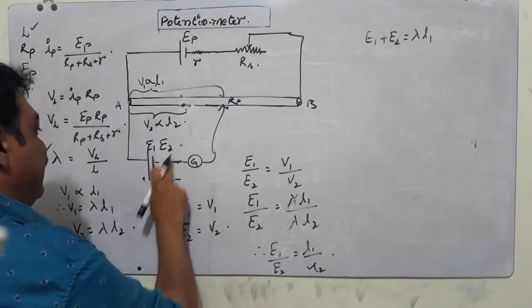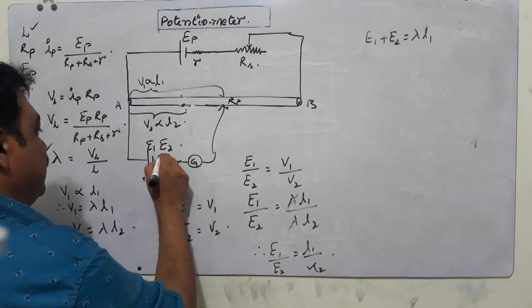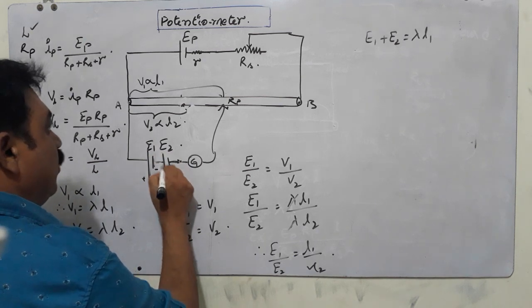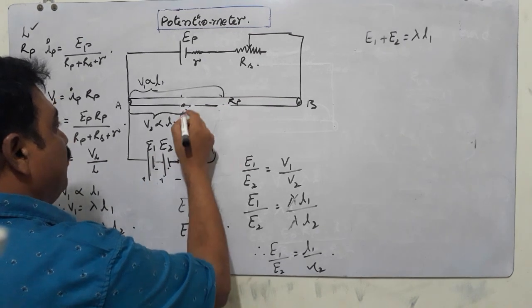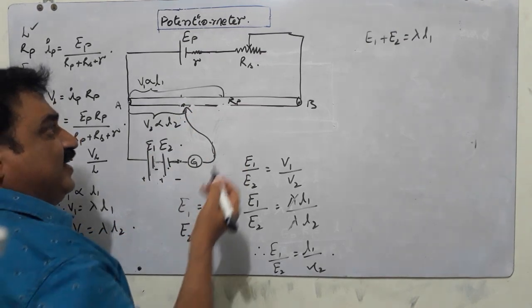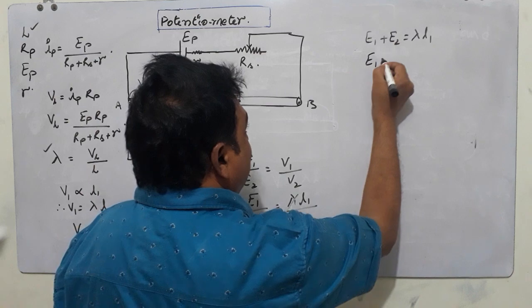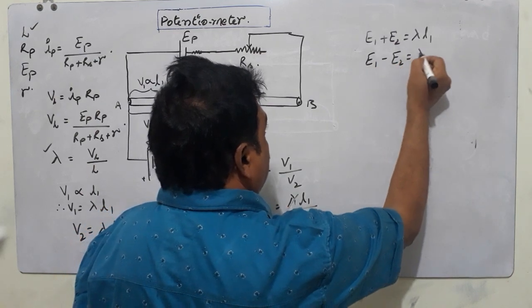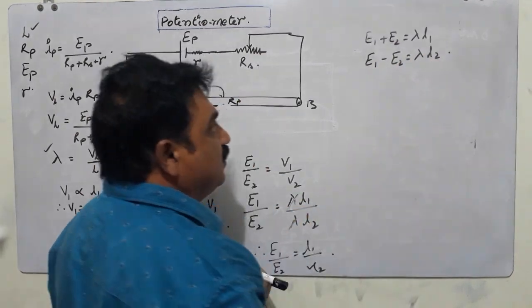And if the second cell is reversed, what happens? Now the balancing point will be shifted towards the left, so you can take this as E1 minus E2 is equal to lambda L2.